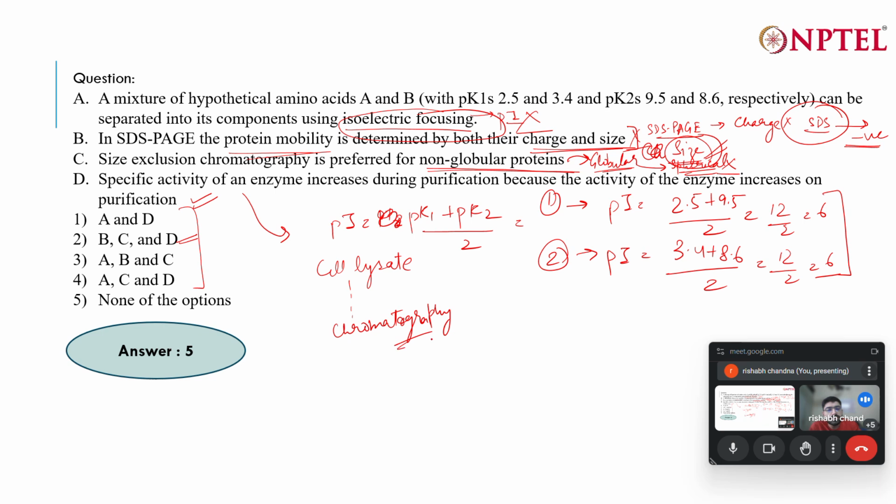In that case, the activity of the enzyme increases because the purity of the enzyme increases. So this option is correct. Although only option D is correct, that is not mentioned in any of the options. So option number 5 is correct for the given question.